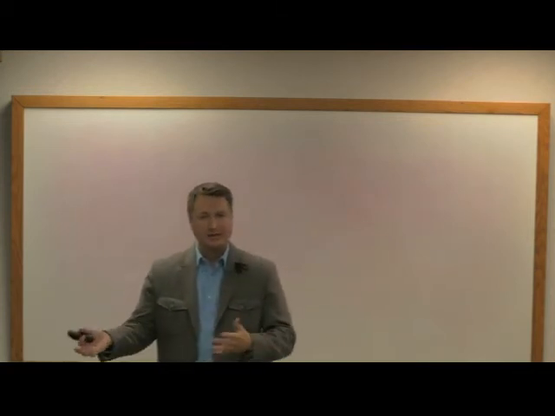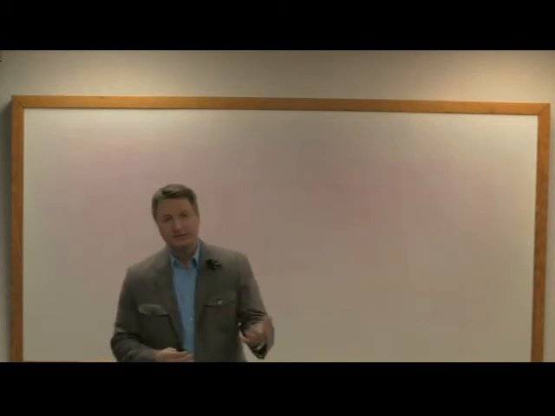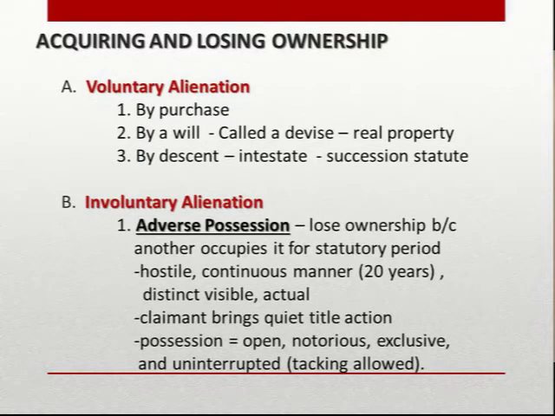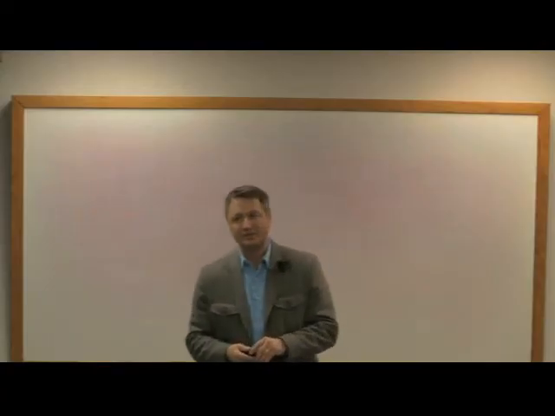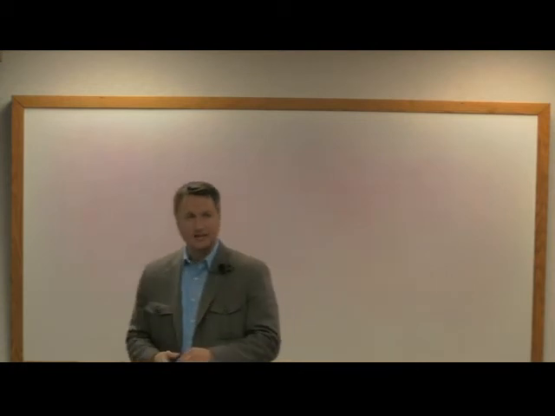We'll look at that later and explain it in more detail. But you could see them both on a test, and you need to know that devise is transferring property with a will. Demise is dealing with leasing. And then number 3 is by descent, or somebody dies intestate, it's going to be transferred to the next heir.